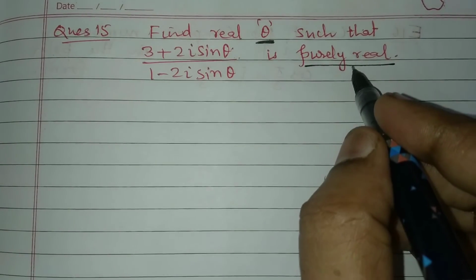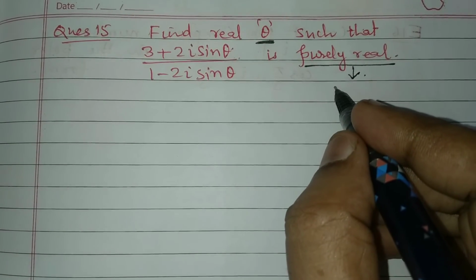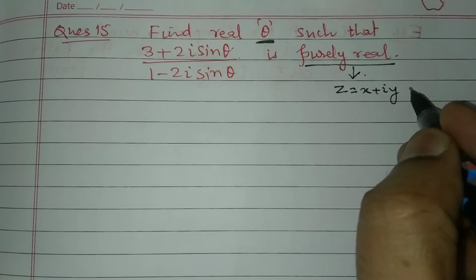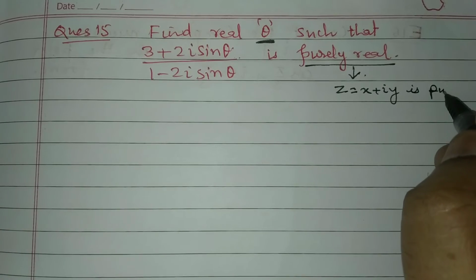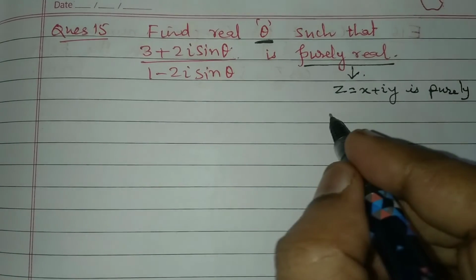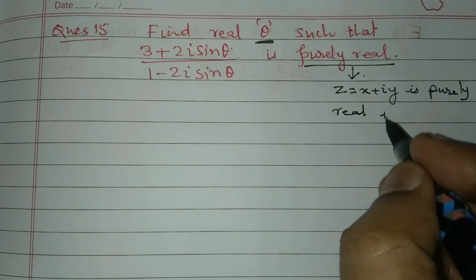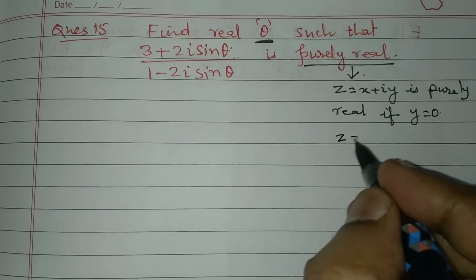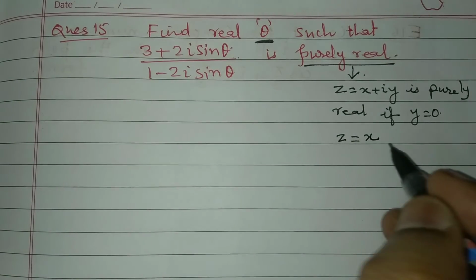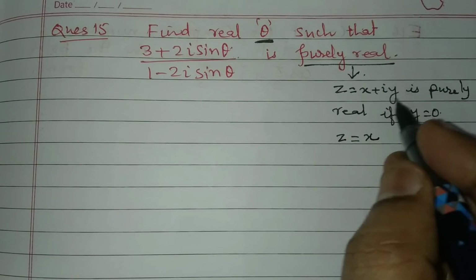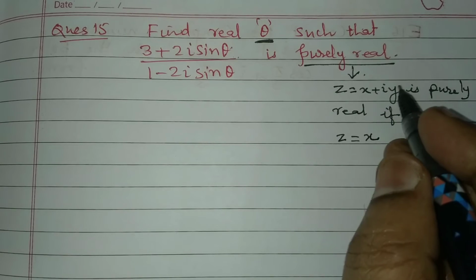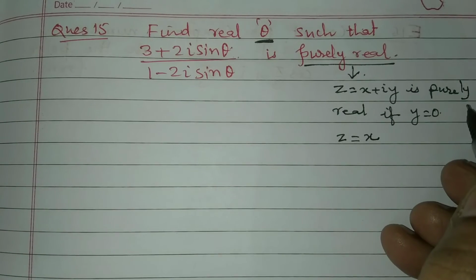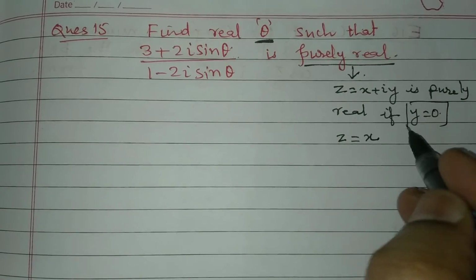A complex number z = x plus iy is purely real if y is equal to 0, meaning the terms related to the imaginary part will vanish. So this is the condition for that.